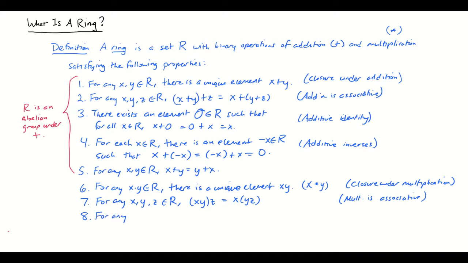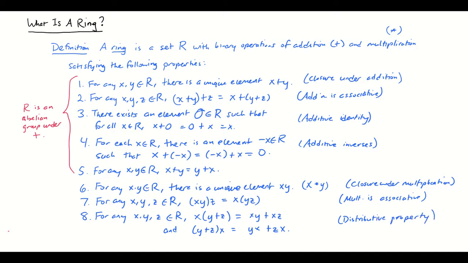For any x, y, and z in the ring, x times (y plus z) equals xy plus xz, and (y plus z) times x equals yx plus zx. In other words, we have a distributive property. And this is the only property in the definition over which addition and multiplication interact.